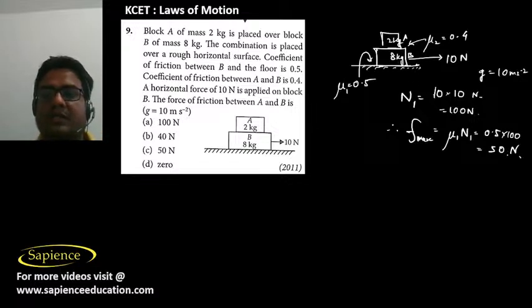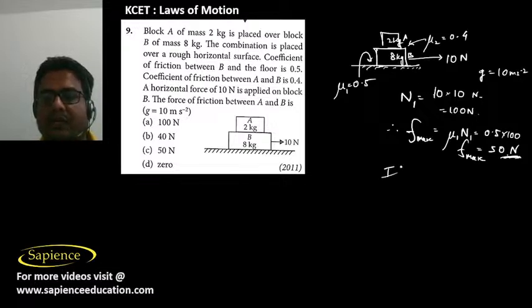So it means that here 10 Newton is the applied force, but the maximum static frictional force that can act is 50 Newton. So the block will not move, it will remain at rest.